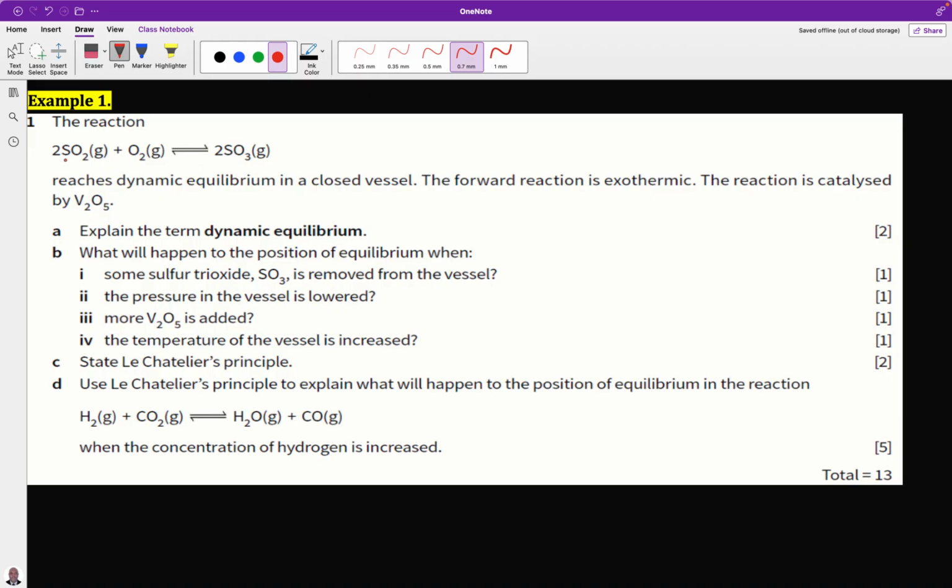So if we increase this temperature, more of the sulfur trioxide is going to be decomposed to sulfur dioxide and oxygen, therefore shifting the equilibrium from right to left. The equilibrium will move back in this direction.